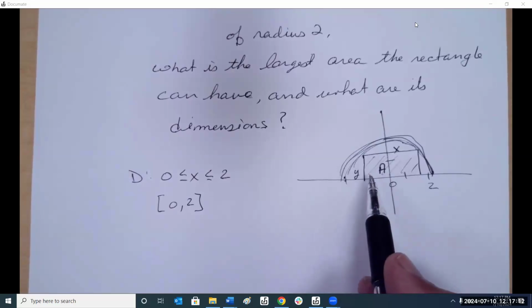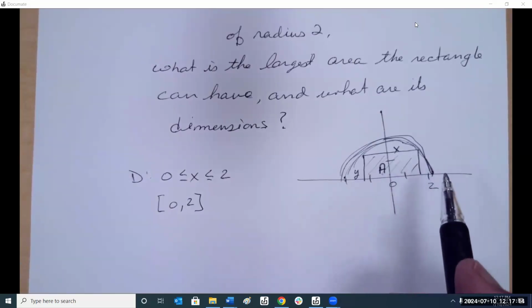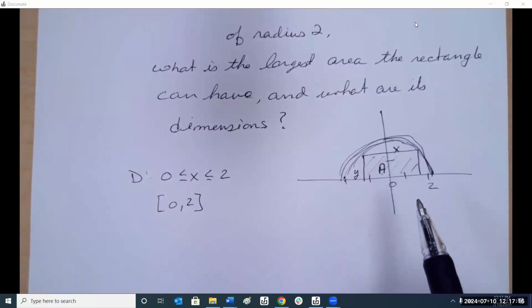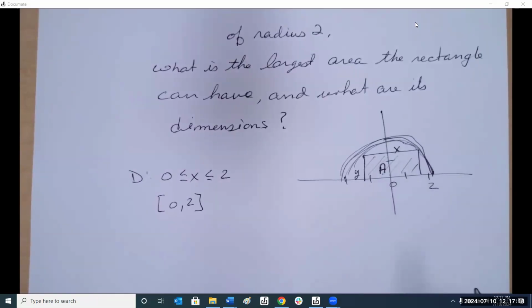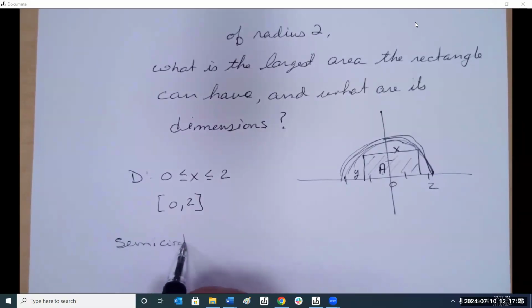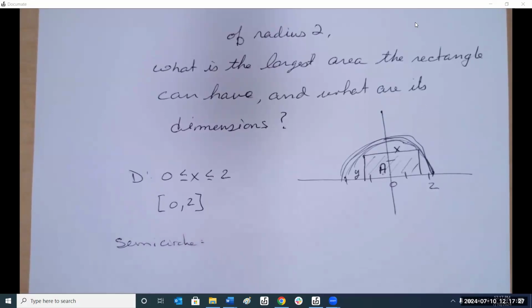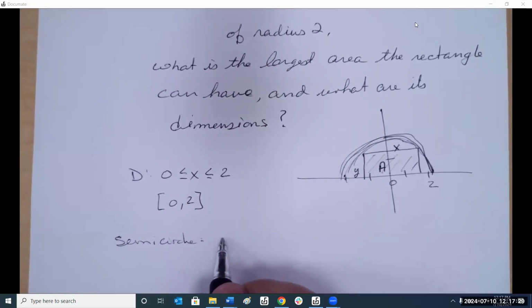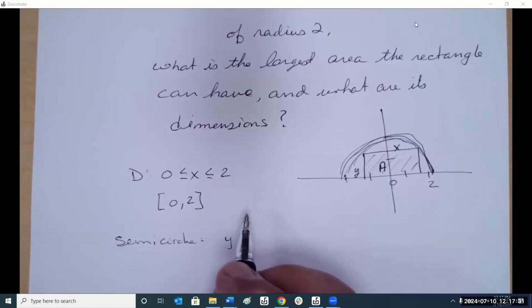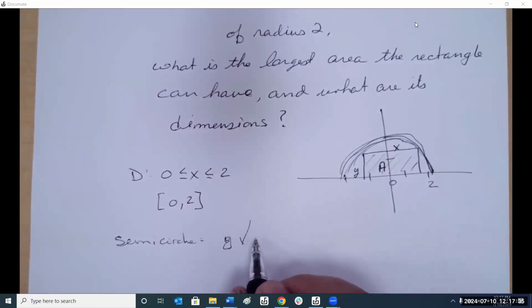So now we've got to figure out what the formulas are. It didn't give us anything. So a semicircle is the square root of two squared minus x squared.